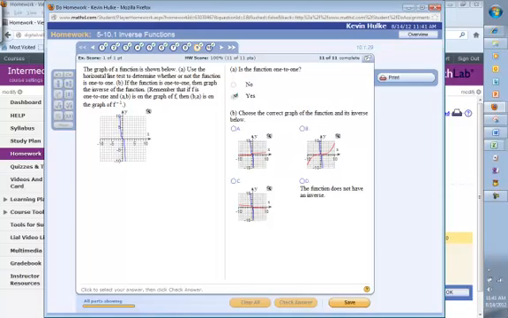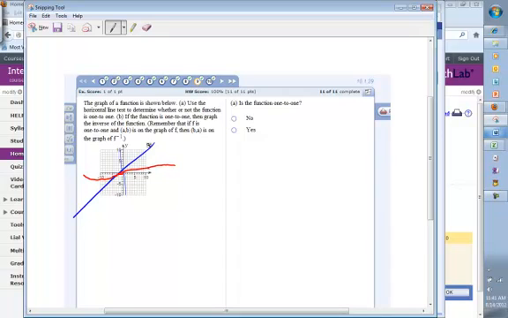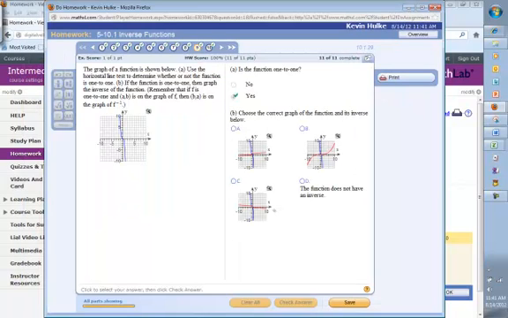Yes. And its mirror image is going to be, how did I draw the mirror image? Let's see, like that, huh? Mirror image is this one, letter C.